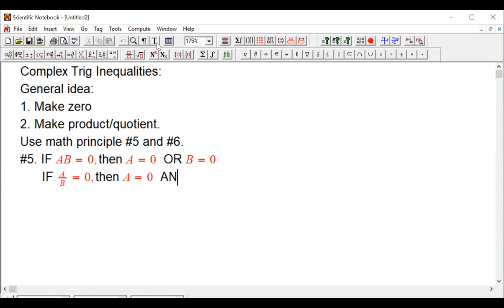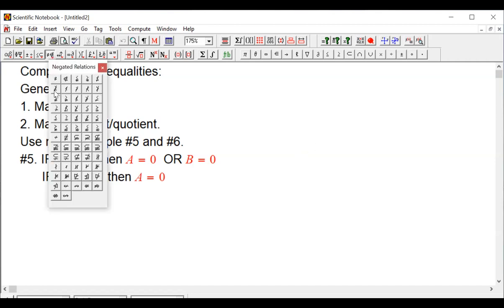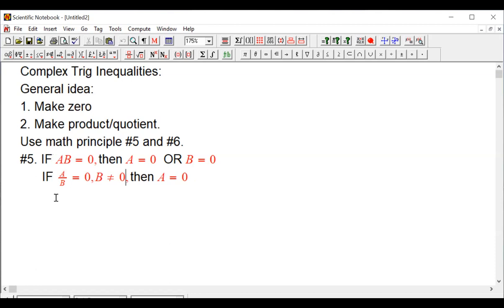B cannot be 0 is to ensure the domain. So this equals 0 implies that B cannot be 0, and we should put it here in this statement. So when the quotient is 0, the denominator cannot be 0, so the numerator must be 0.